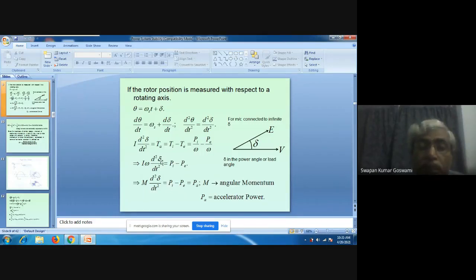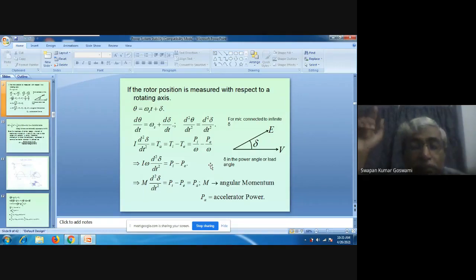Now, how much is the value of Pa, that actually creates the main point of concern. If Pa is very small, then the change in speed will be very small. As a result, this will be a problem of frequency control.